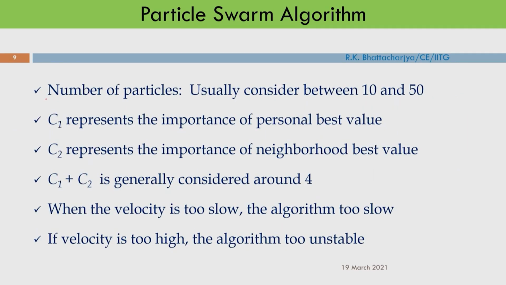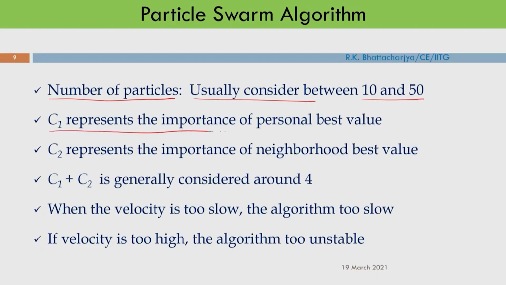Now, how many particles should you consider? Usually consider between 10 to 50. The minimum you can consider is 10, and I think 50 is sufficient in this case. C1 represents the importance of the personal best value. As I said, by C1 I can control the step length.